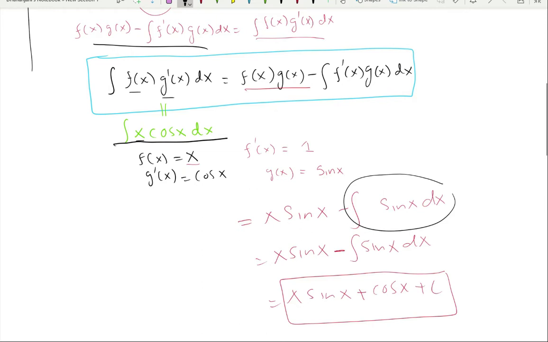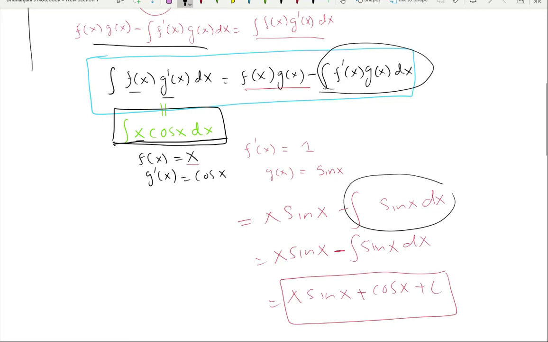Now do you see the bigger picture in integration by parts? You have a complicated integral given to you. You identify f and g' very smartly, so that by the end of the day, right here, you solve a simple integral.